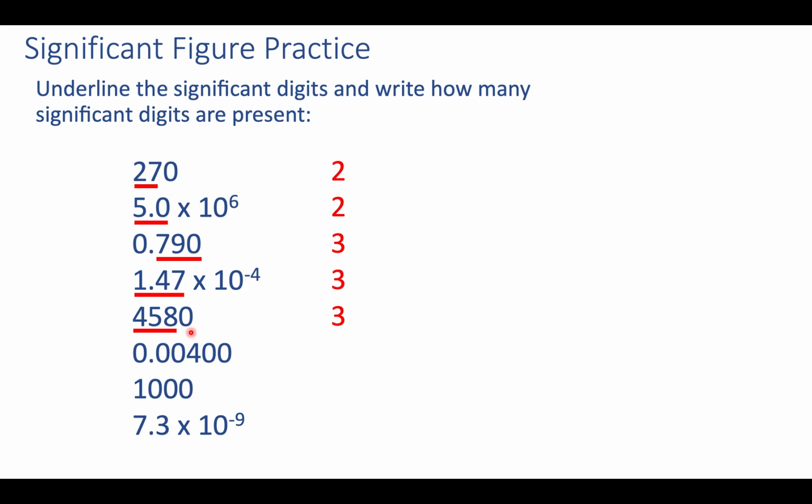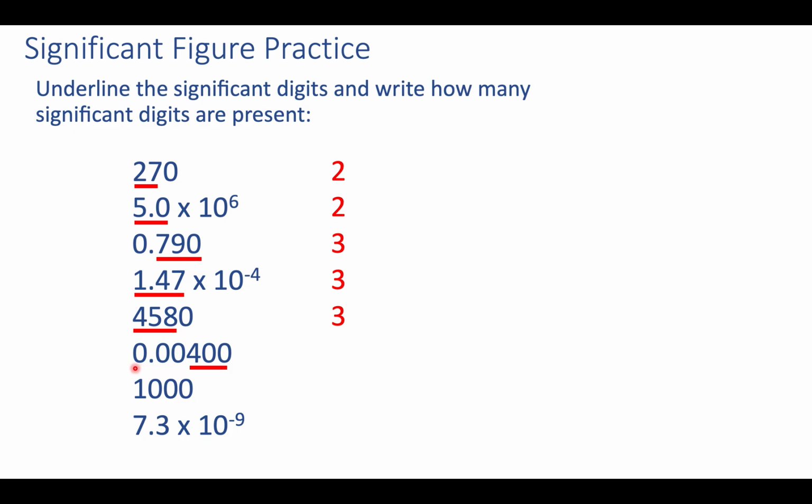In this next example, we have a lot of zeros going on here. So which of these numbers are significant? We know the 4 is going to be because it's non-zero. And then these two following zeros, these trailing zeros, will also be significant. So what about these ones? Why are these zeros not significant?